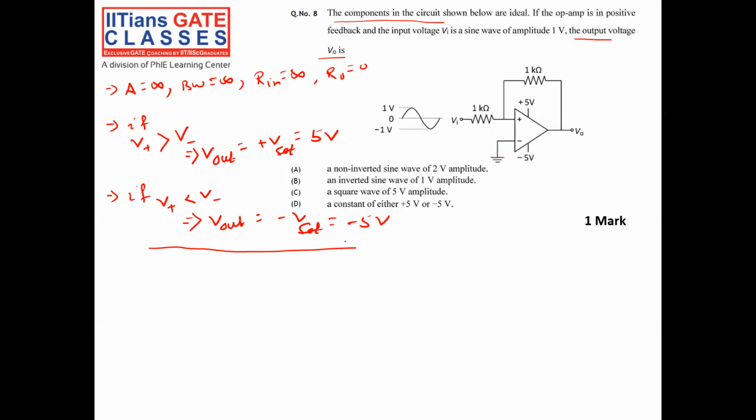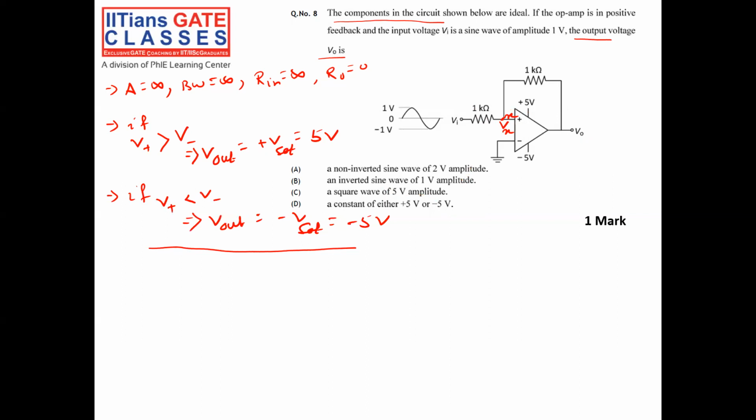So now the thing is, initially when I switch on, I don't know the potential of the positive terminal. Let the potential be Vx. This node I'm naming X. So I don't know anything about my potential here. So let's assume that my output will be either plus 5 volt or minus 5 volt.